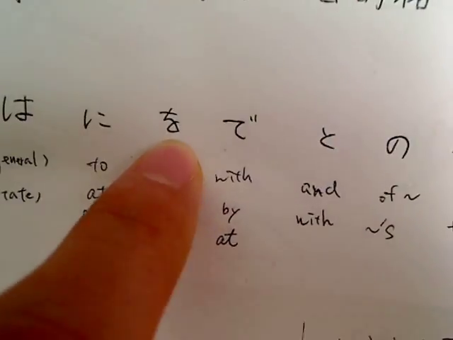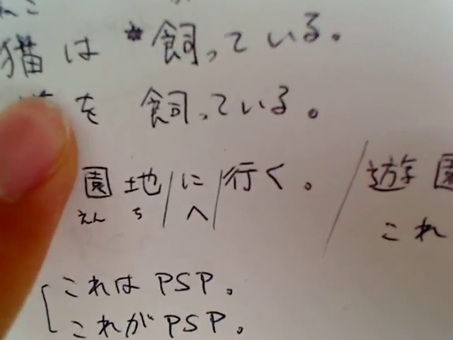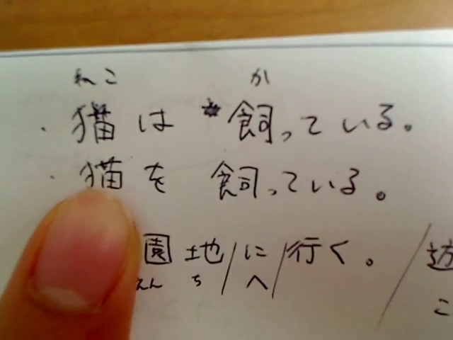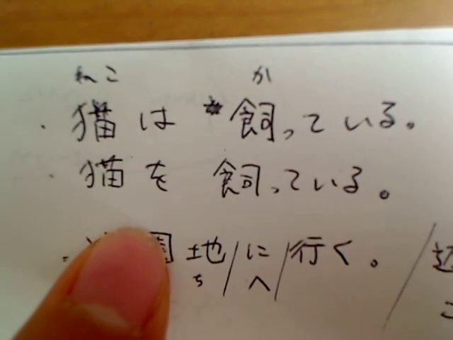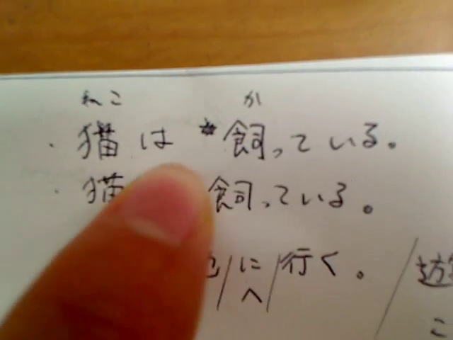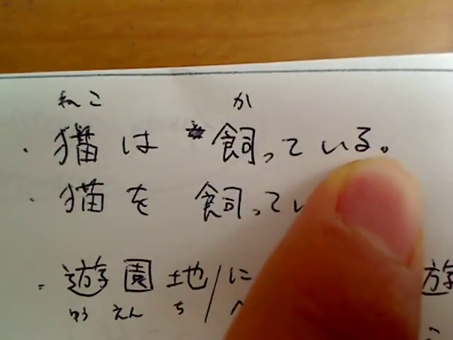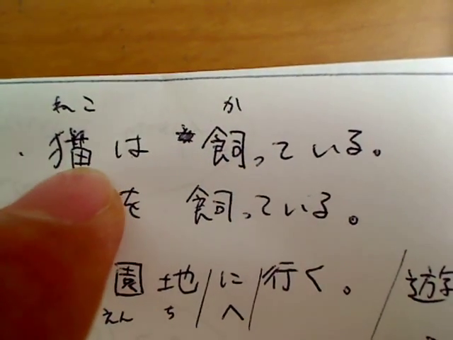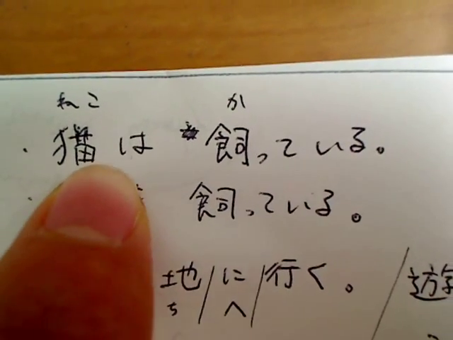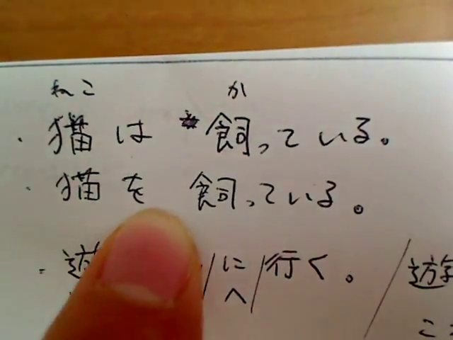And を. This is another example sentence that my friend made a mistake on. 猫は飼っている. No, this is wrong. It's correct to say 猫を飼っている.